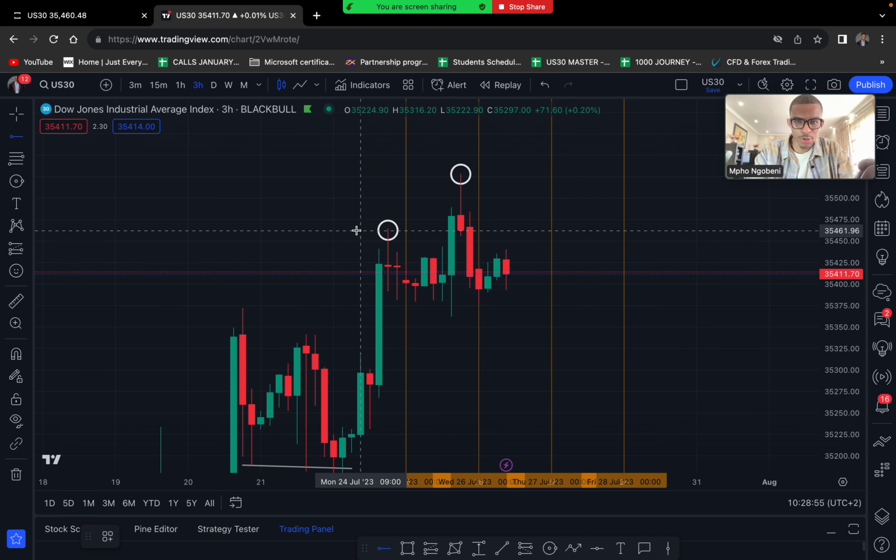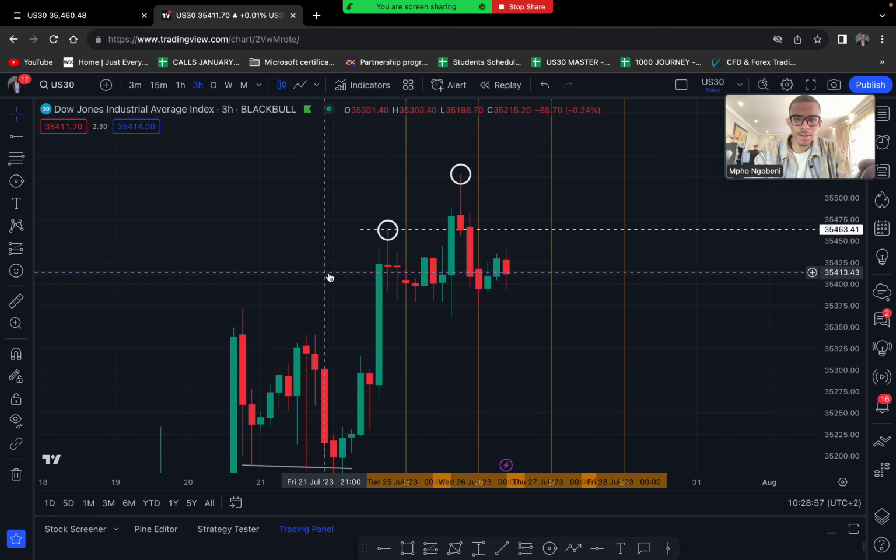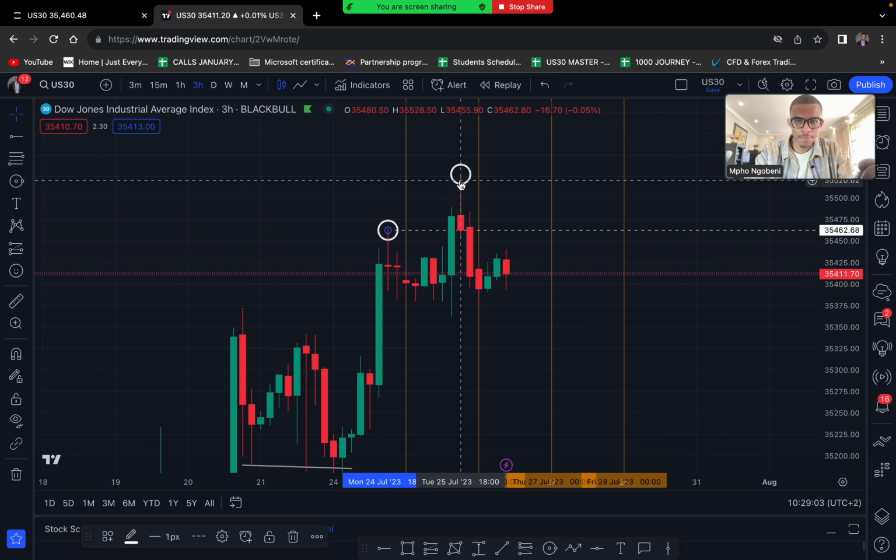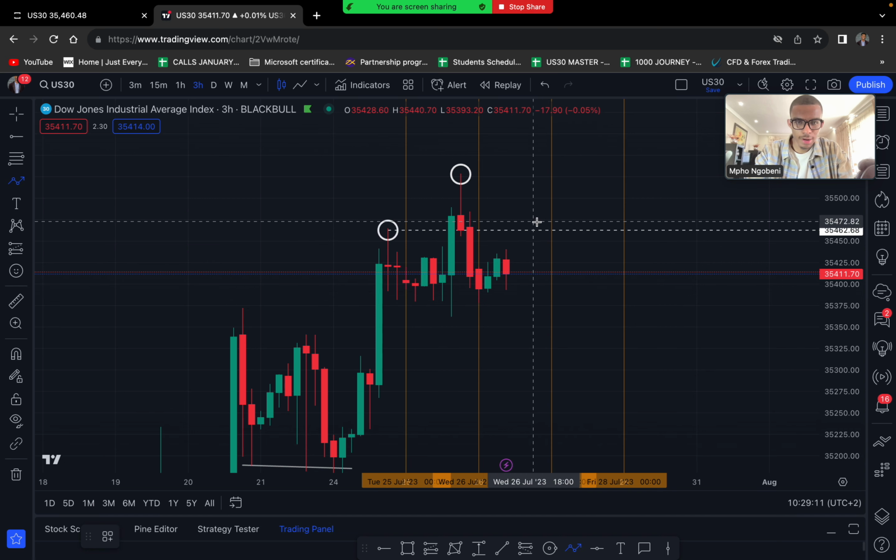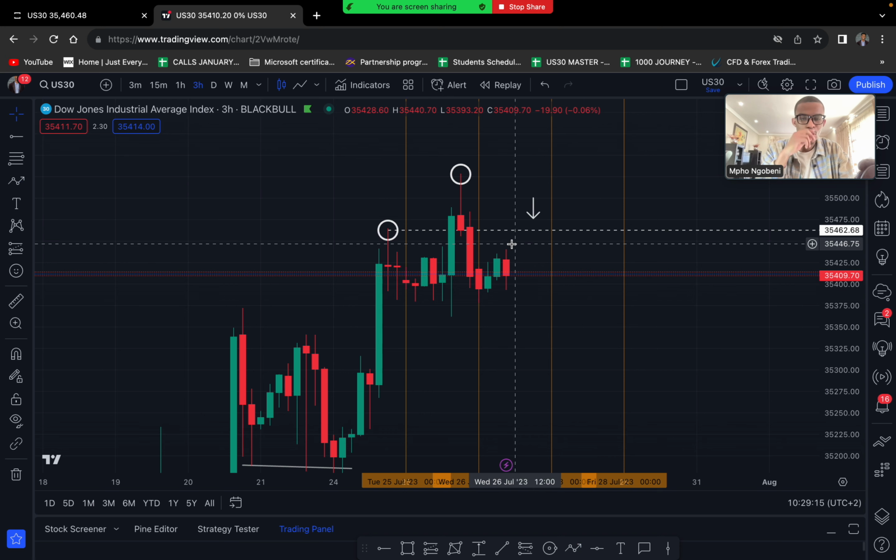If we draw it like that, you can see that the time that acted there was 18 o'clock, and also the time that acted there was 18 o'clock. So we want 18 o'clock to be unable to reject there. That's when we'll have an entry for sells.